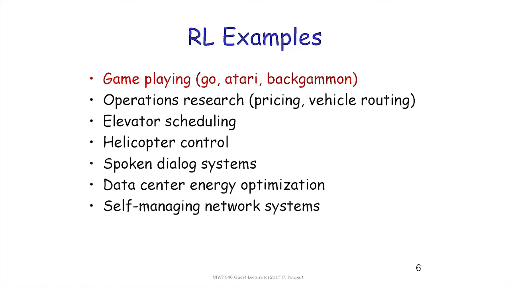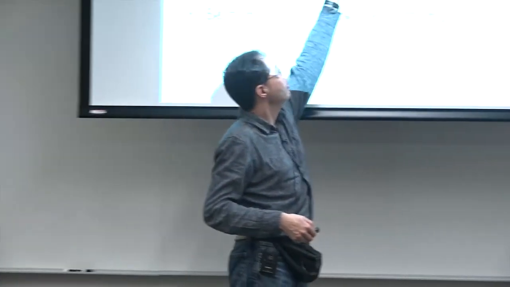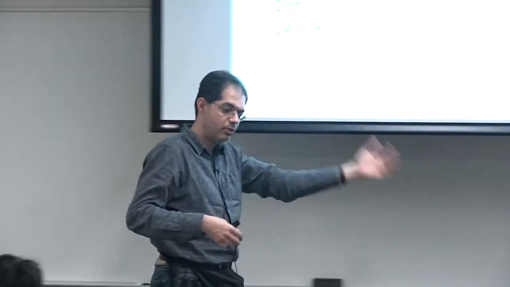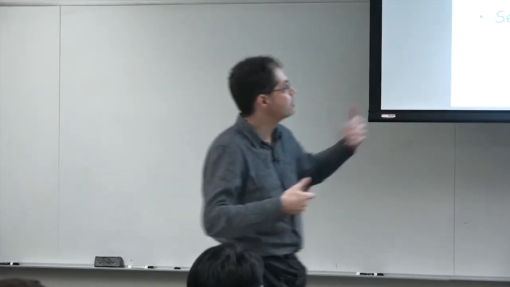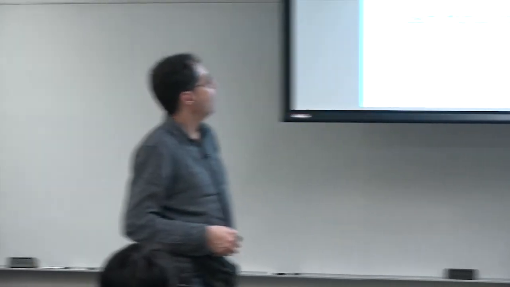In fact, reinforcement learning is really a framework that is derived from Markov decision processes that were proposed in the 1950s in operations research, and it has been used in all kinds of applications. For instance, pricing techniques on the web or even with airlines might be using some form of reinforcement learning. Vehicle routing is another one.